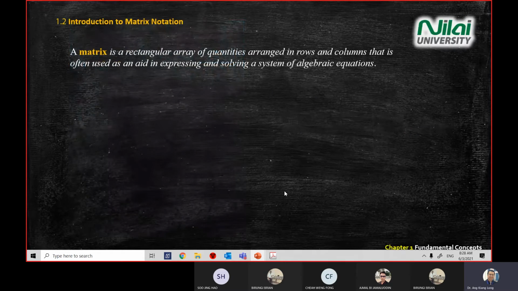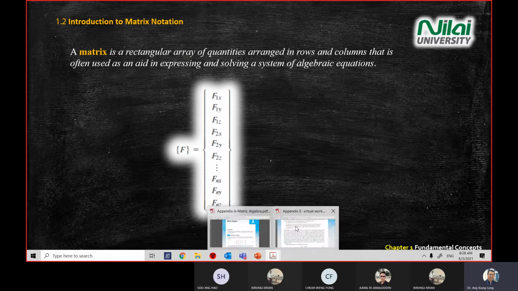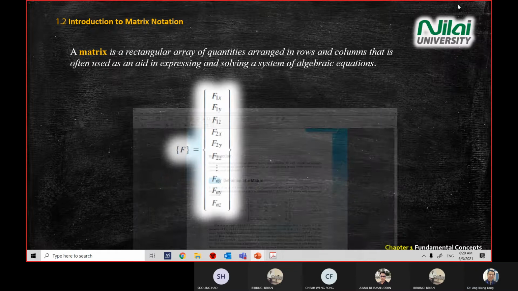Okay, so if you learn FEM, when people start to talk about matrix, matrix is in the form of this one, right? Or if you open up the document, this is the matrix form. Something on the left, something on the right, represented by a bracket, with some rows and columns inside.